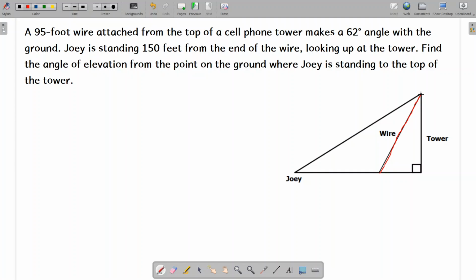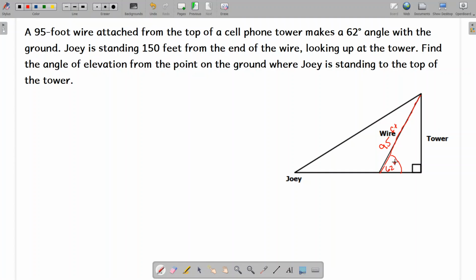Now, we know two pieces of information here. We know that this wire is 95 feet long. And we know that it makes a 62-degree angle with the ground. Okay.